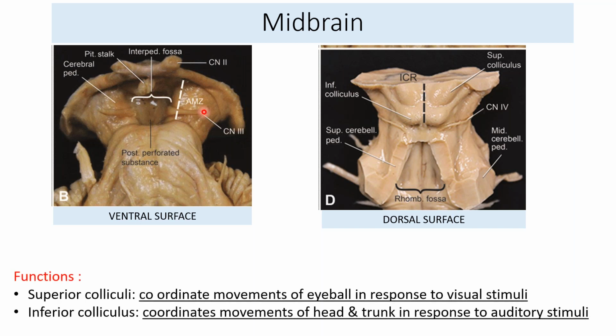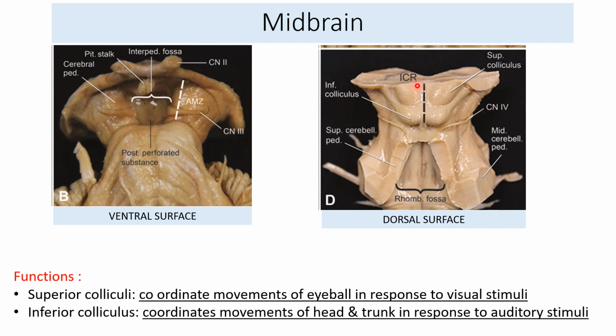Now, what is the function of the midbrain? The midbrain has two important colliculi, the superior and the inferior colliculi. The superior colliculus is involved in the coordination of movements of the eyeball in response to visual stimuli.